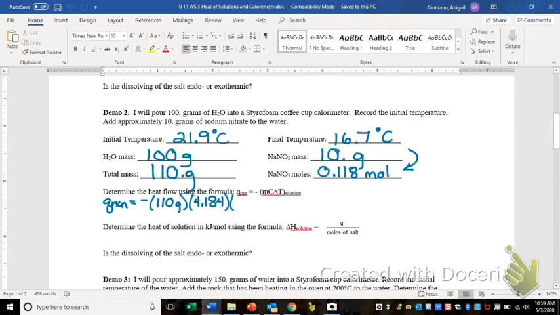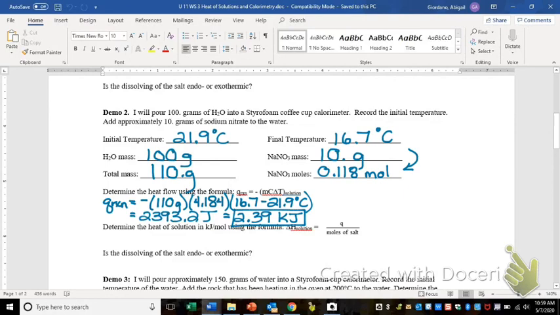And we're going to do final minus initial, minus 21.9. I'm going to plug all that in, and this is what I get: 2393.2, and that's in joules. I'm going to change that into kilojoules. Put a box around it.